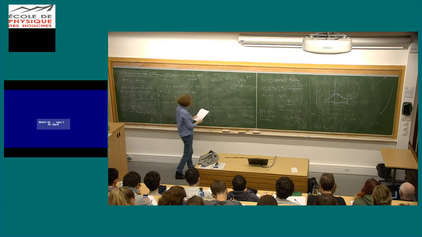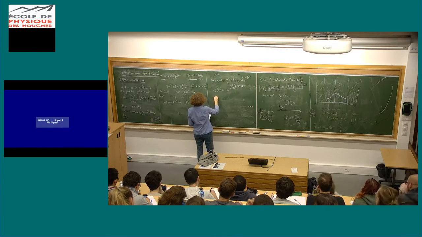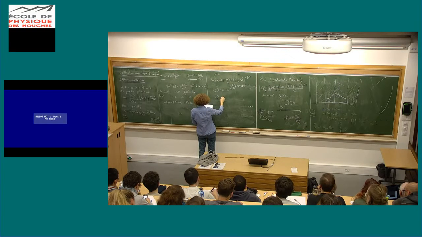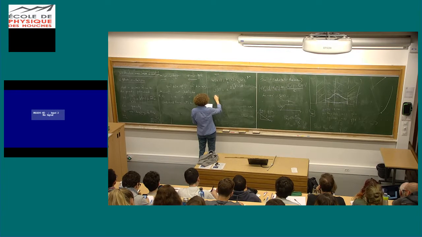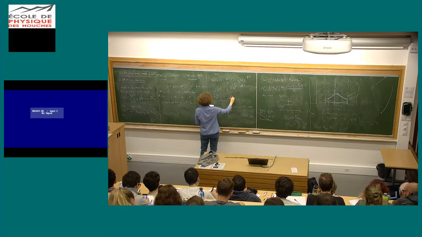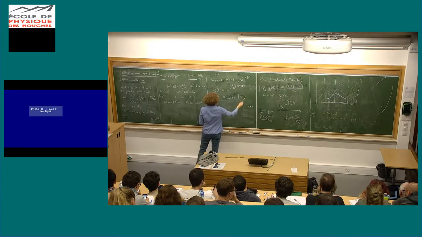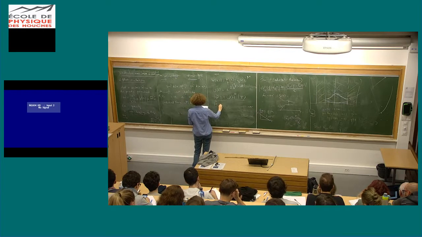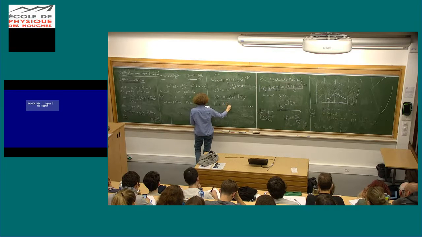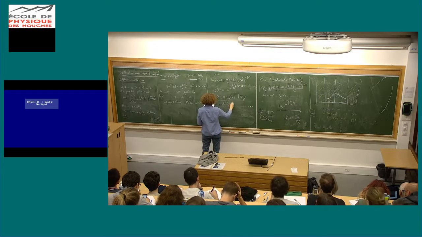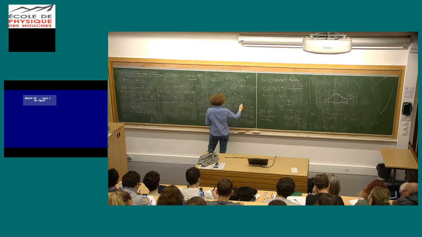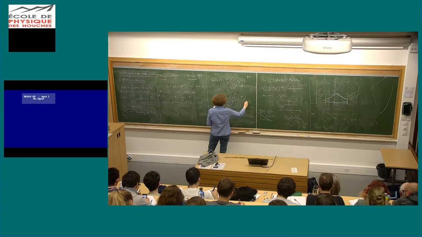And so instead of looking at the evolution of psi, I look at the evolution of psi tilde, which is U of t dagger psi. And in this case, psi tilde obeys a modified Hamiltonian, which is i h bar d over dt of U dagger times U, plus the modified Hamiltonian U dagger H U.